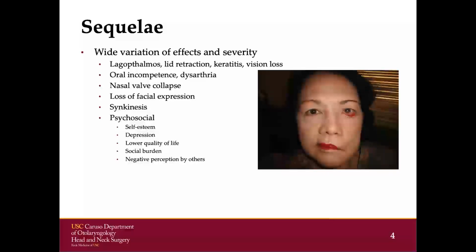We know from the literature and surveys that there is increased association with self-esteem problems, depression, decreased quality of life, and increased social burden for patients who suffer from this. And surveys also show that people perceive patients with facial paralysis as less trustworthy, sometimes less intelligent, and also distressing in their appearance.